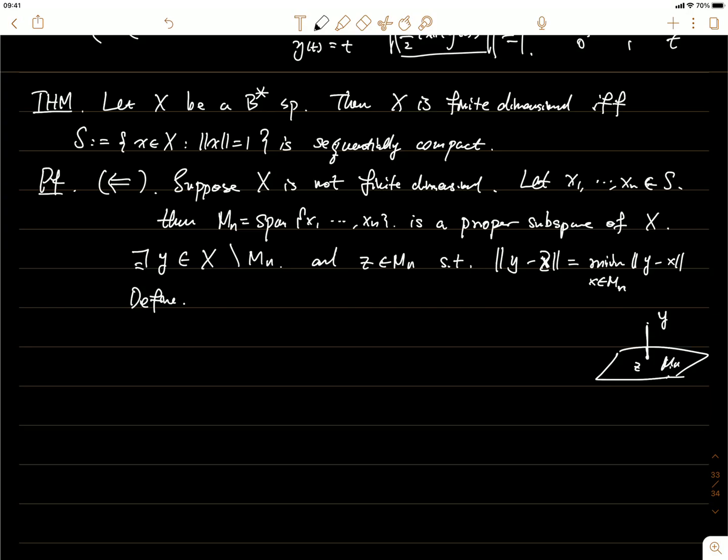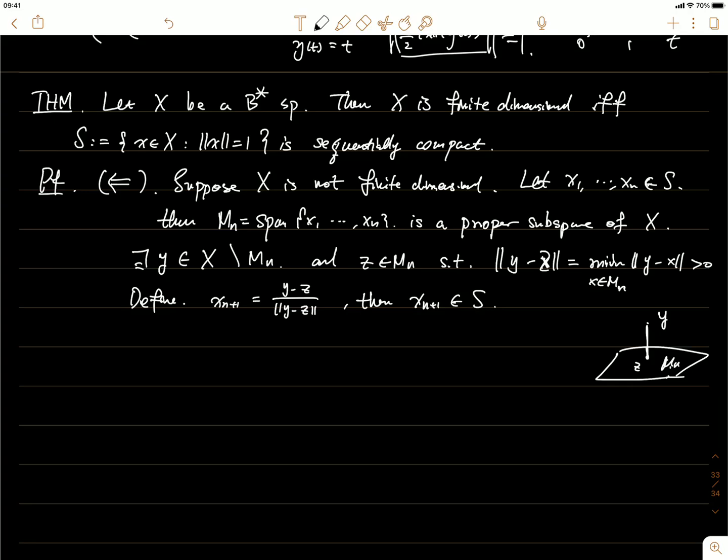Okay, so now we define x(n+1) to be (y minus z) divided by the norm of y minus z. By the way, this norm must be positive because y is not inside Mn, right? So I know that the norm of x(n+1) is equal to 1, so that also means x(n+1) is in S. Okay, and then I can put this x(n+1) together with the previous x1 through xn.